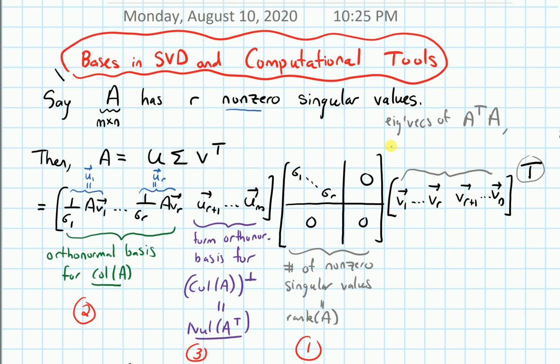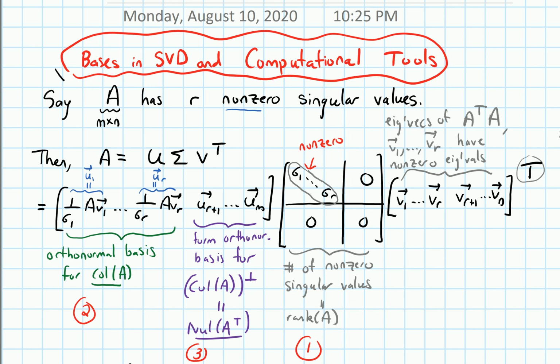The first R of them, V1 up to VR, correspond to non-zero eigenvalues, and therefore to the non-zero singular values. Sigma 1 up to sigma r were all the non-zero singular values.